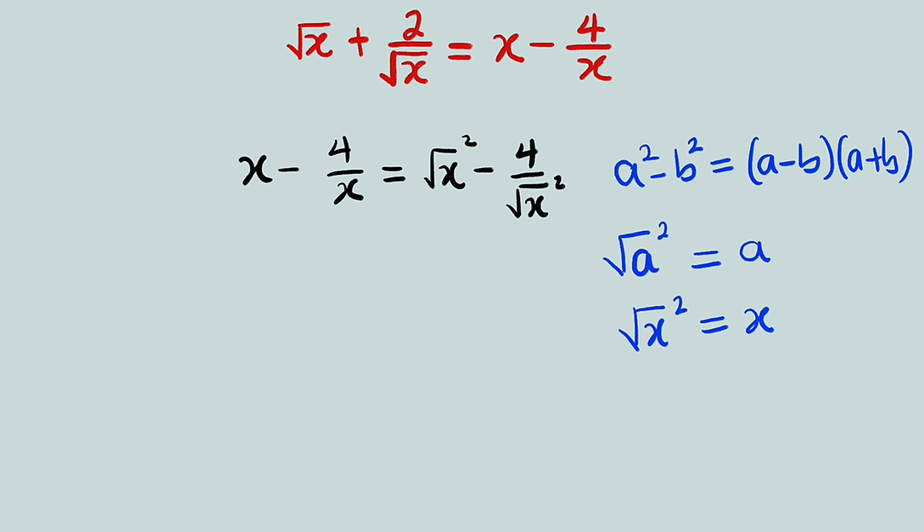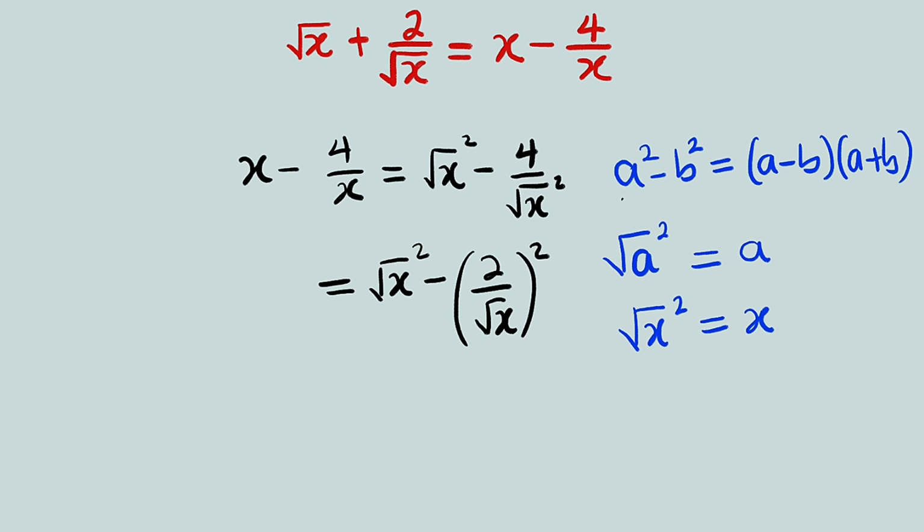I remember that 4 can be written as 2 squared, and we have square root of x squared, which can take a single power from one of the laws of indices. So this is equal to the square root of x minus 2 divided by square root of x all squared, because 2 squared is 4 and the square root of x squared is x.